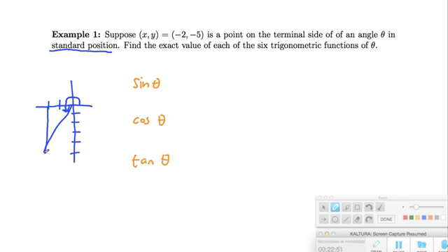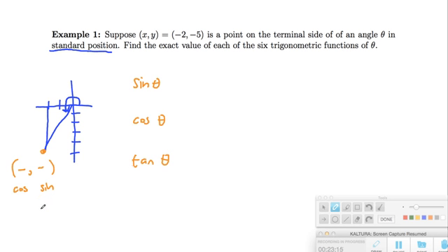Well, remember that a point in quadrant 3 is going to have a negative x value and a negative y value, right? Remember that cosine corresponds with the x coordinate and sine corresponds with the y coordinate. So both cosine and sine are going to be negative.